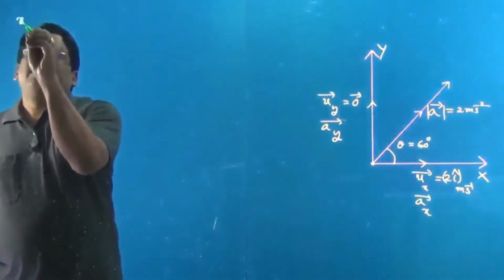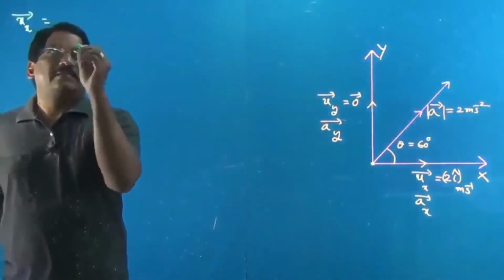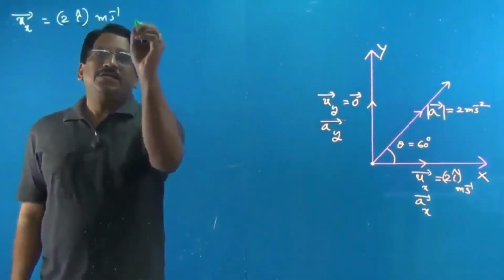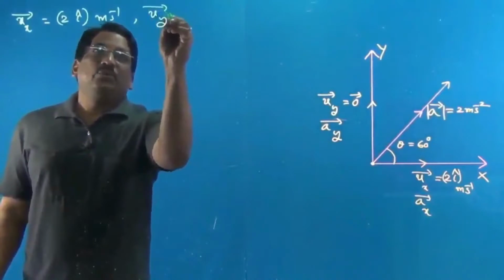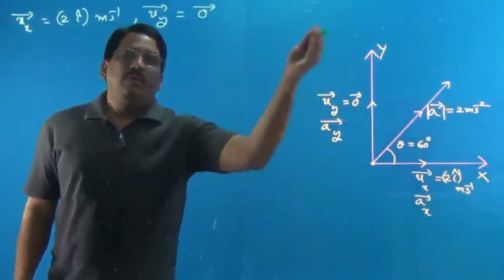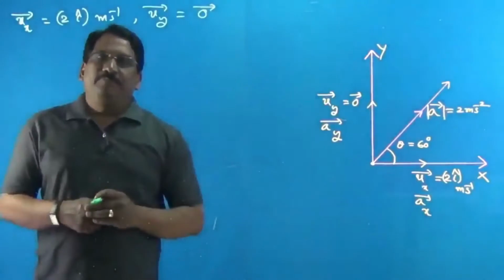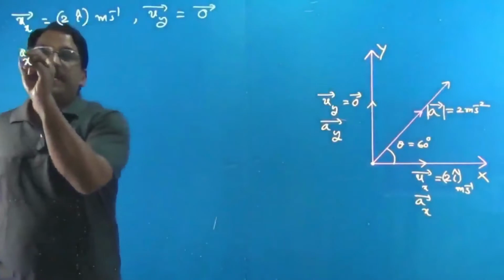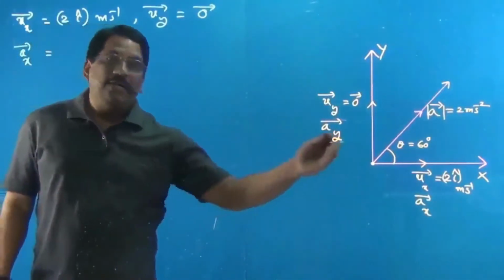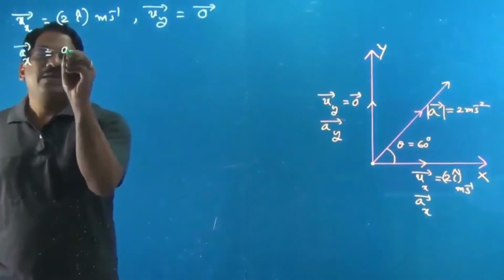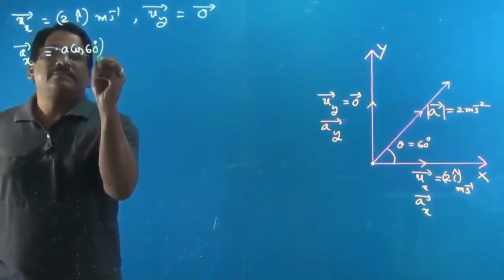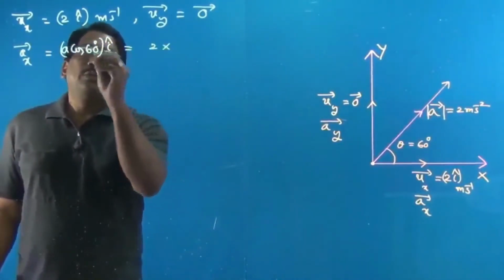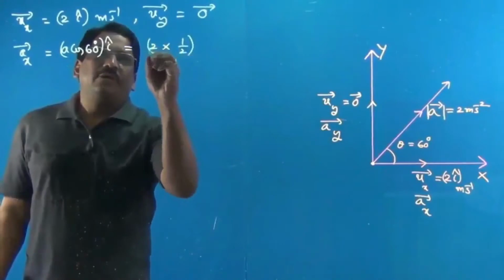Now it's given that the initial velocity along the x-axis is 2 i cap meter per second and the initial velocity along the y-axis, that is uy bar, is 0 bar. There is no velocity along the perpendicular. And the acceleration, when we resolve it into two components, ax bar, the acceleration component acting along the x-axis, will be a cos 60 degrees i cap, and this is equal to 2 into cos 60, which is half, into i cap.